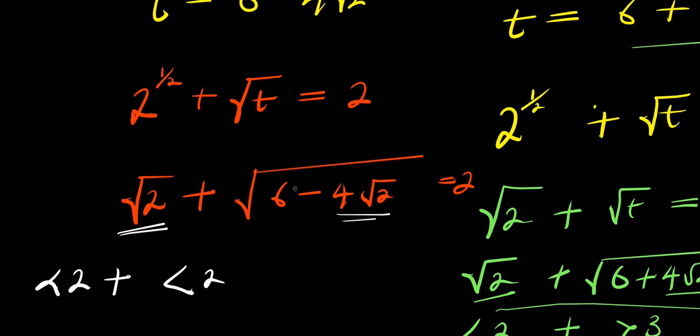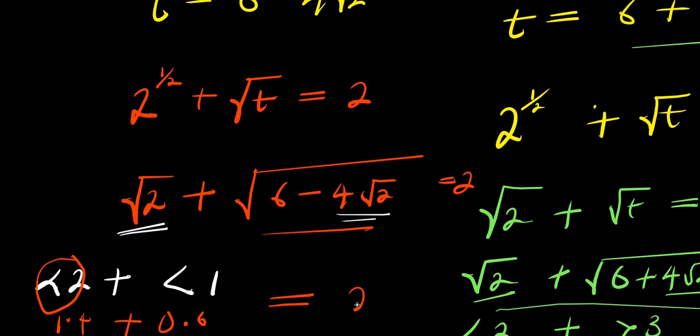A number is less than 1, not 2, less than 1. You have a number that is less than 2, is about 1.4, plus this, which is less than 1, about 0.59 or 0.6. So you're adding this to this, you're having a number that is almost 2, approximately 2.